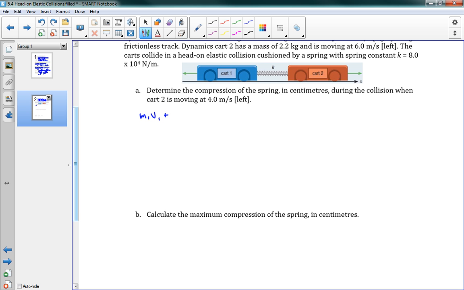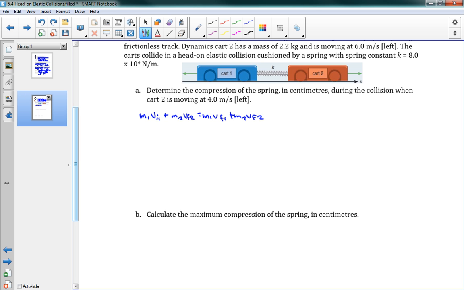So m1 vi1 plus m2 vi2 is equal to m1 vf1 plus m2 vf2.